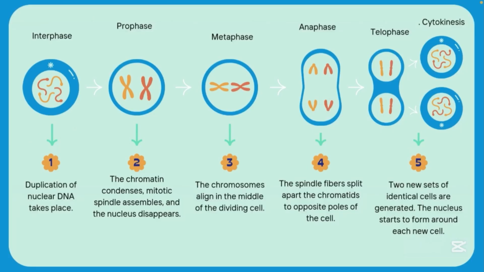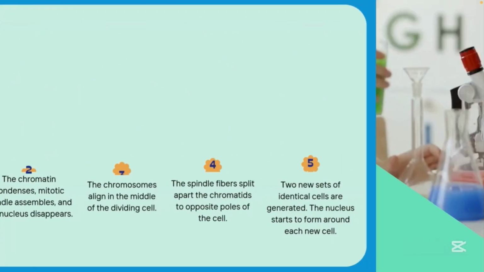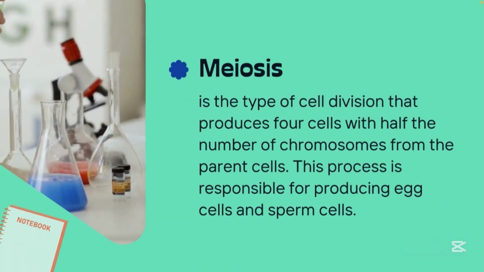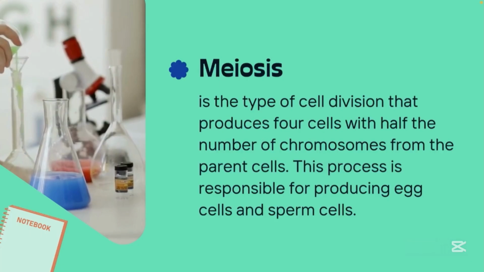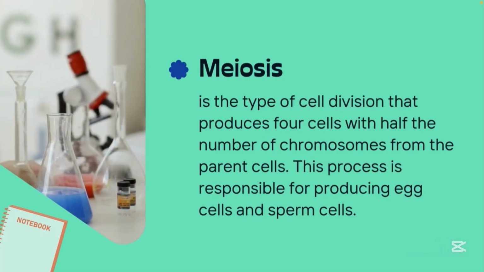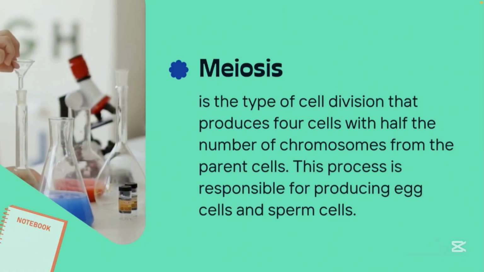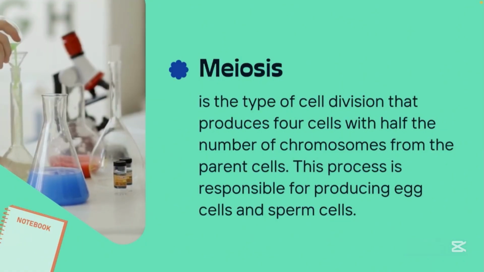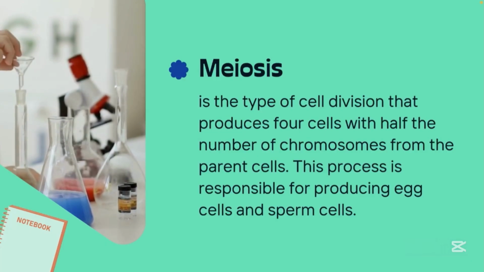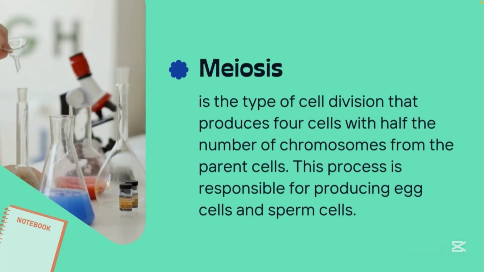Okay, now let's move on to the process of meiosis. Let's break down meiosis. Meiosis is the type of cell division that produces four cells with half the number of chromosomes of the parent cell. The process is responsible for producing egg cells and sperm cells. Meiosis is a special type of cell division that produces four genetically different cells, each with half the number of chromosomes.